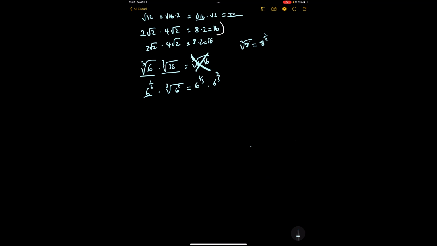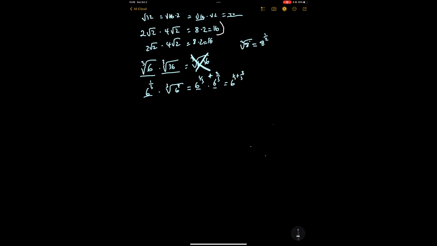Well then, because they have the same base, we can just add the exponents. Remember, radicals are basically exponential fractions. So 6 to the power of 1/3 times 6 to the power of 2/3 is equal to 6 to the power of 1/3 plus 2/3.